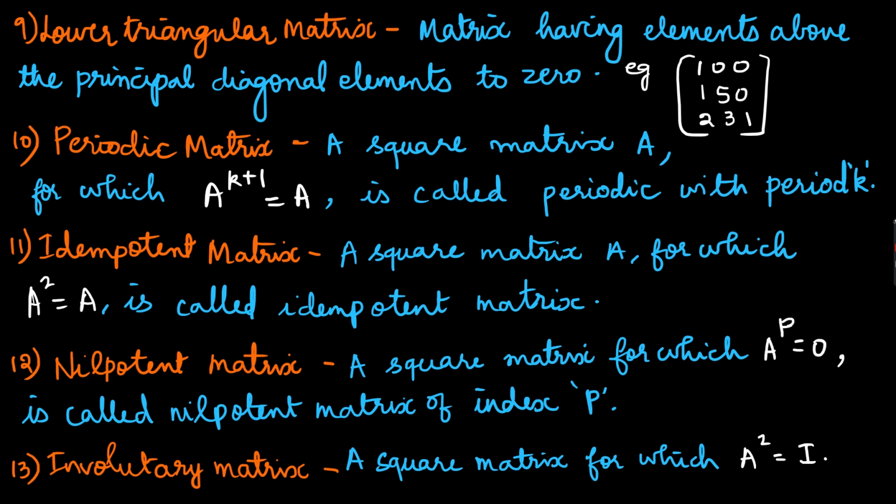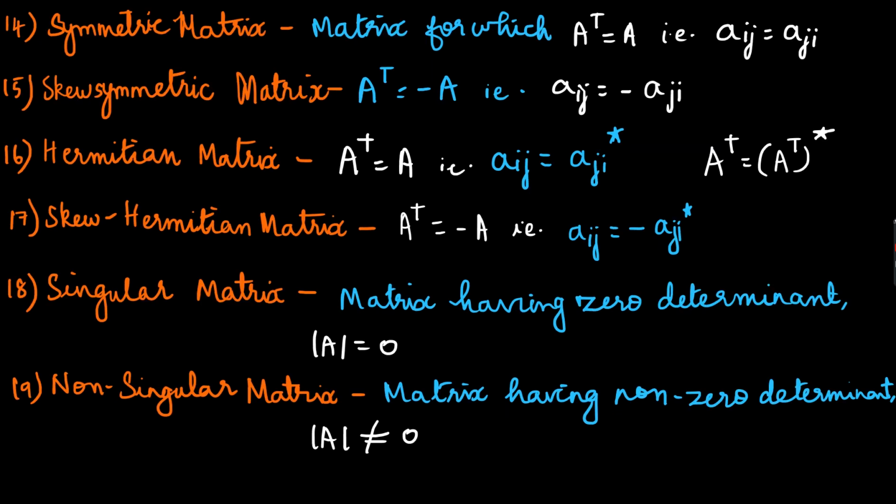Okay, so next one is the involutory matrix, where A square will be equal to I. So in idempotent matrix, A square will be equal to A, and in involutory matrix, A square will be equal to I. Let us see the symmetric matrix, where A transpose is equal to A, and skew symmetric is the opposite, that is A transpose is equal to minus A. Hermitian matrix is the matrix whose transpose conjugate will be equal to A. Transpose conjugate is nothing but you have a matrix, you take the transpose of the particular matrix and then take the conjugate.